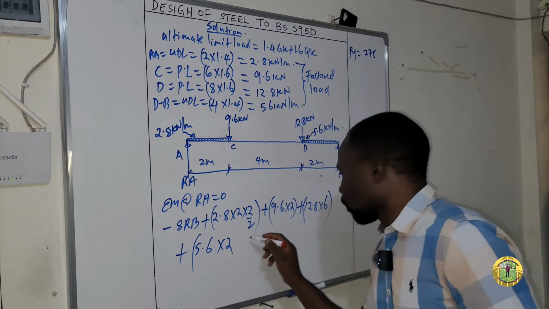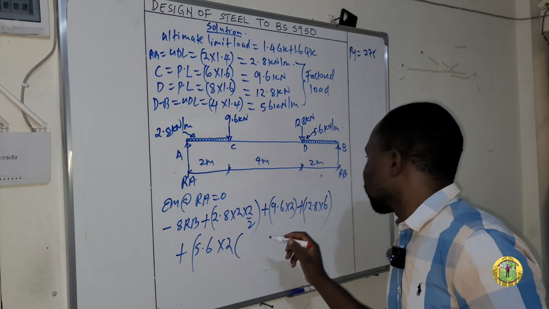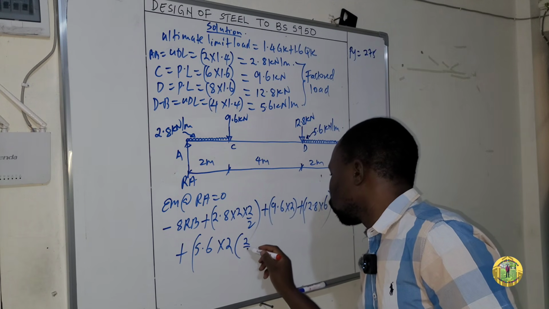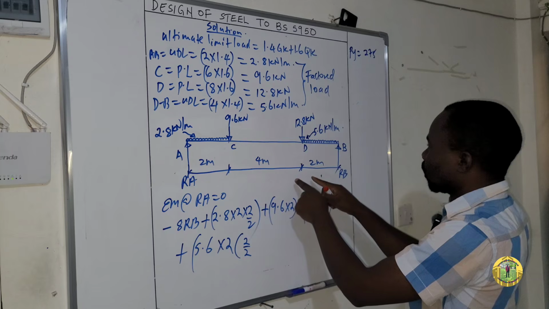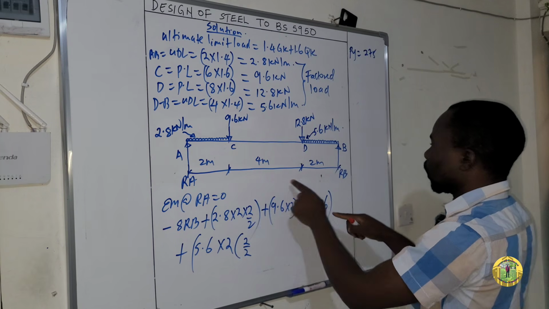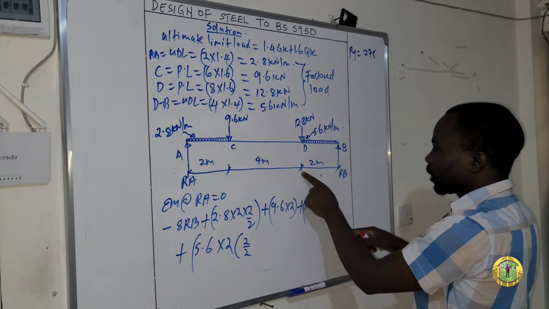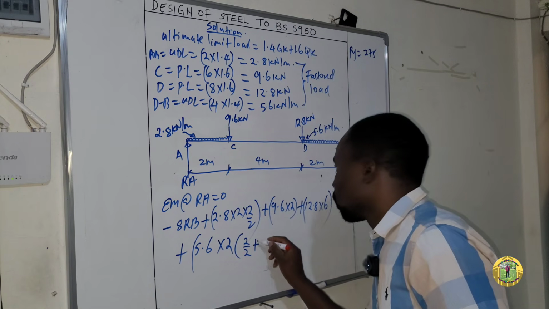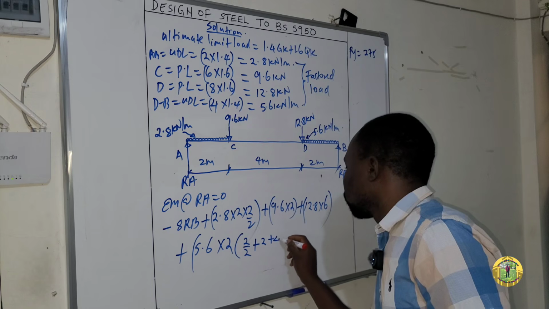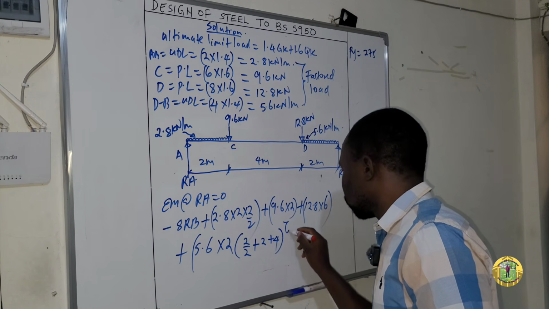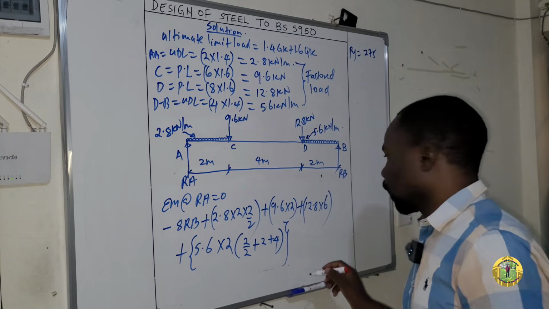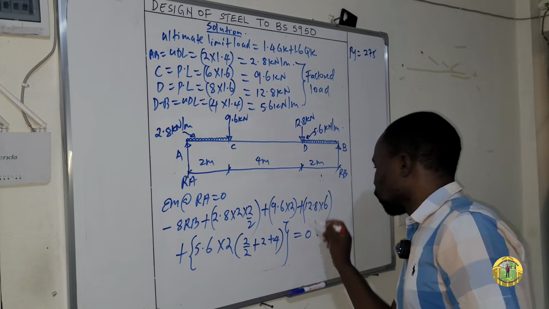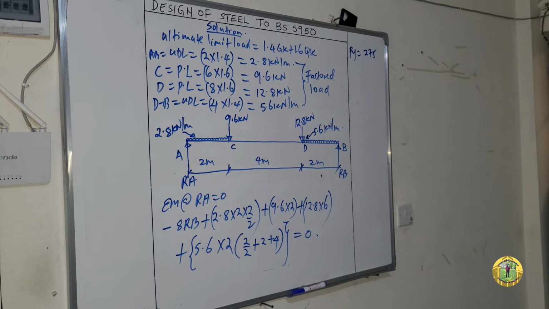So it will be, put a small bracket and say 2 over 2, and then you add the distance from RA to where the UDL begins, so plus 2 plus 4, is equal to 0.